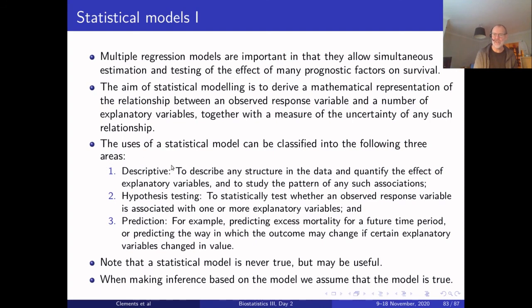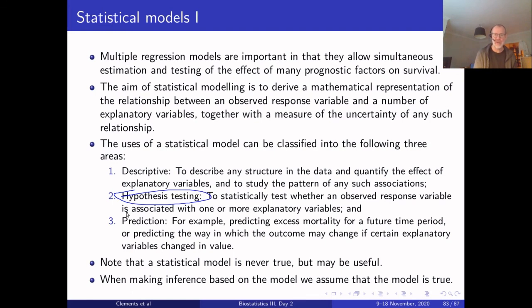First is the descriptive, where we simply want to describe broad patterns, and this is often used for hypothesis generating. Then we might want to do hypothesis testing, where we want to statistically test whether an observed response variable is associated with one or more explanatory variables, and this is often closely aligned with etiology or causal inference.